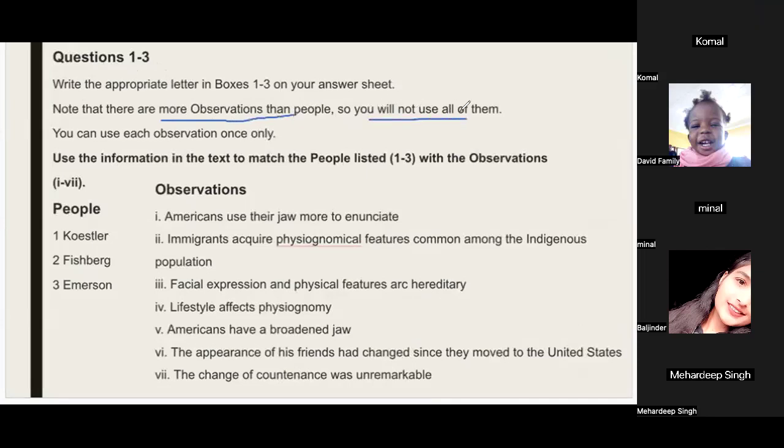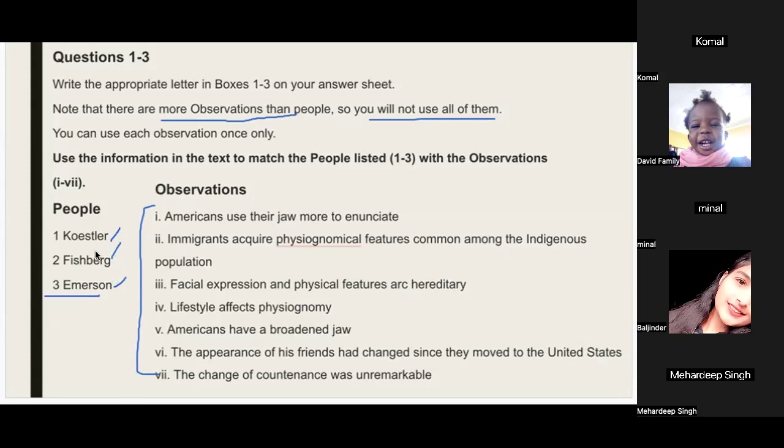You will not use all of them. You will use only three because there are only three people: Koestler, Fischerberg, and Emerson. You can use each observation only once. Yes, clear everyone?